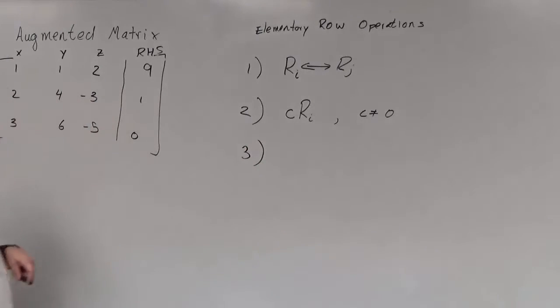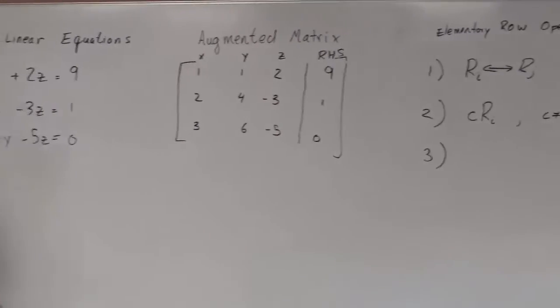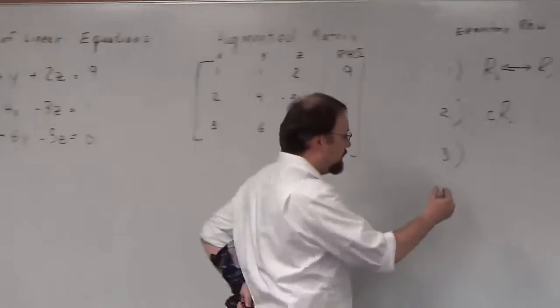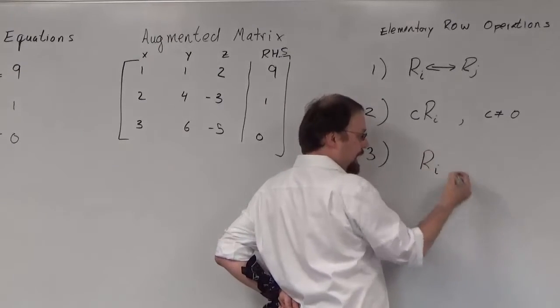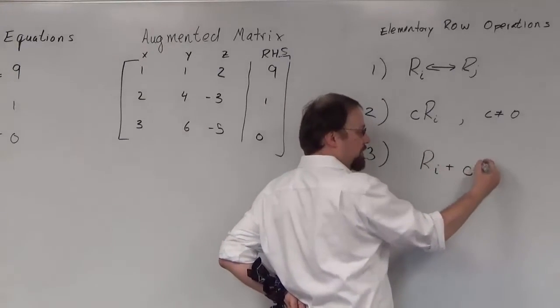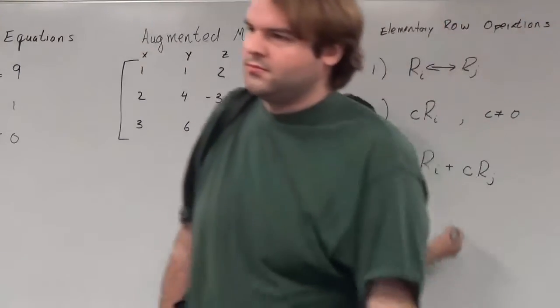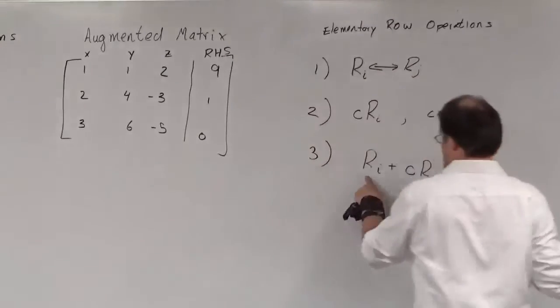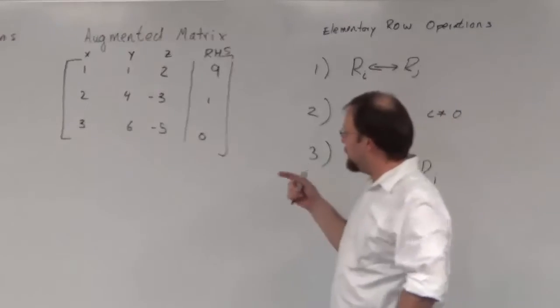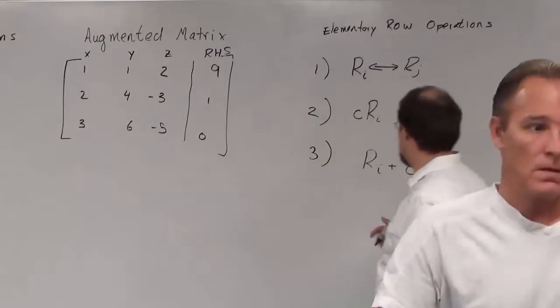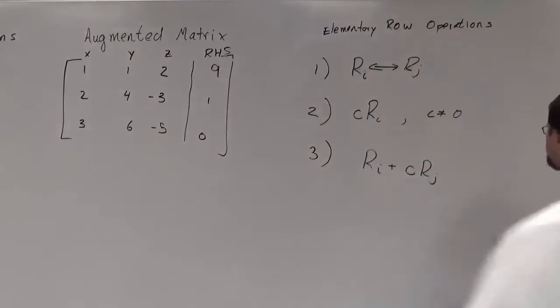And thirdly, we have the operation by which we add to a row a multiple of another row, in order to replace the row we're adding to, right? With each row operation, we're just going to replace one row.